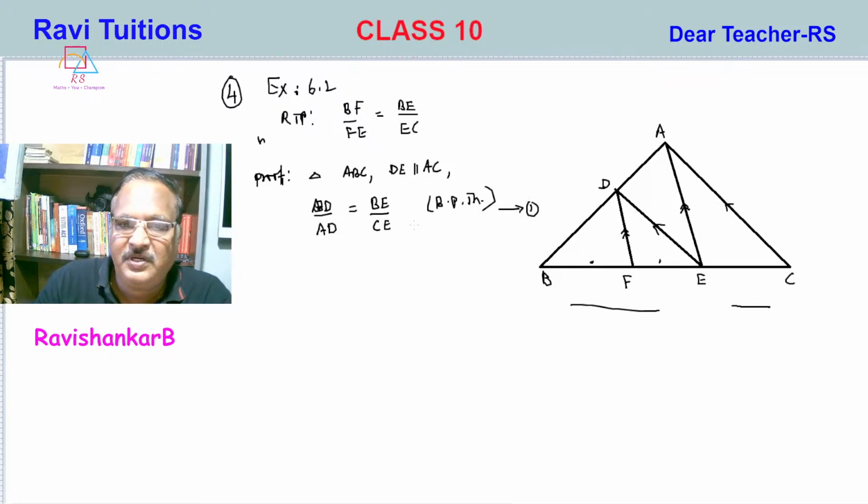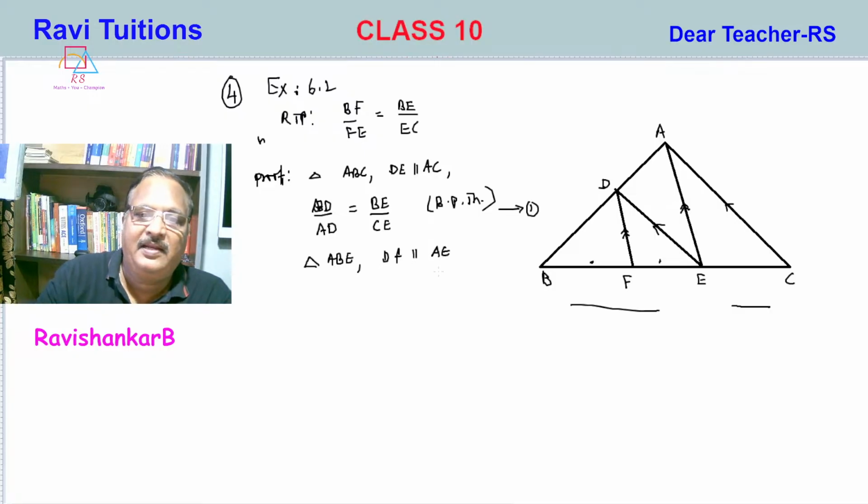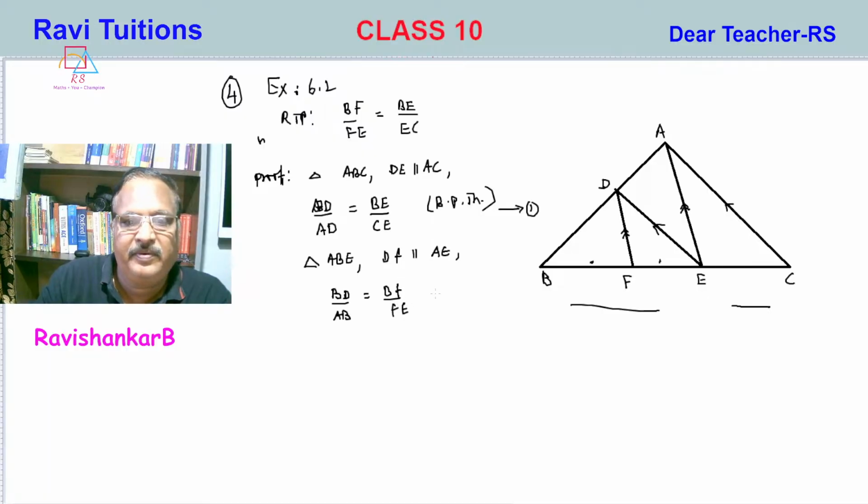Now there is one more line parallel to one more side in one more triangle. That triangle is ABE. DF is parallel to AE, so AE is the side and it is parallel. So you can apply it again: BD by AD is equal to BF by FE.